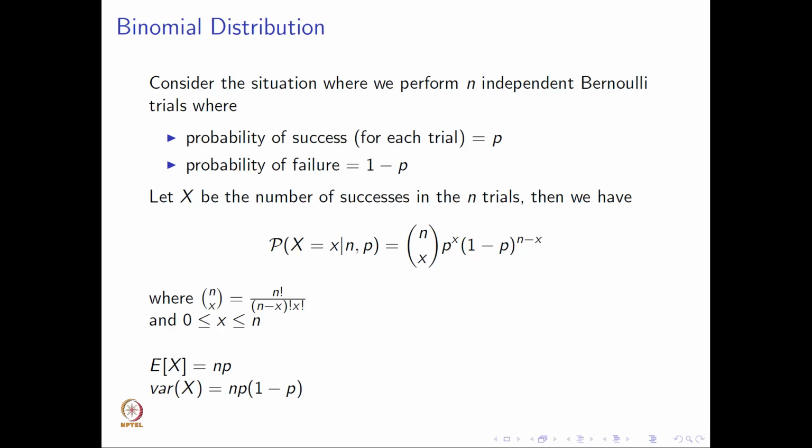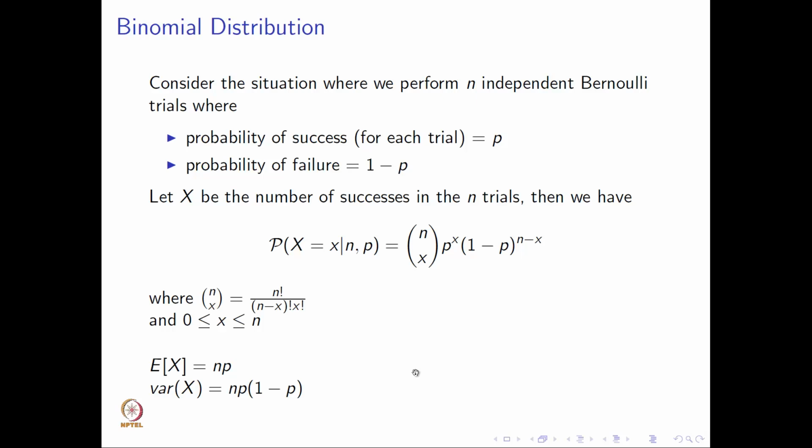Then we have the probability that the random variable x will take on a specific value of small x given the parameters n and p equal to n choose x, that is the number of combinations of observing x successes in n trials, times p raised to the power x times (1 minus p) raised to the power n minus x. Note that here x is going to be a number between 0 and n.